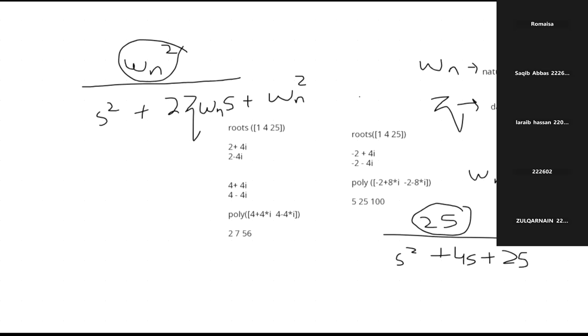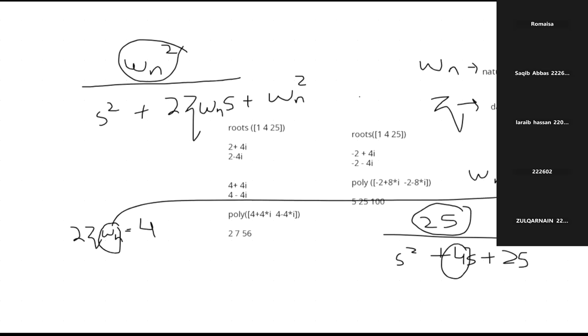So in the same way, you are going to find out the value of zeta. How? 2 zeta omega n is equal to 4. This 2 zeta omega n is replaced by 4. And we know that omega n is equal to 5. So you'll find the value of zeta over here as well.